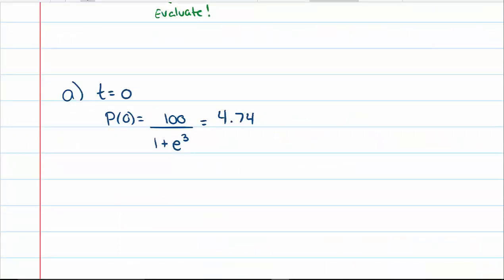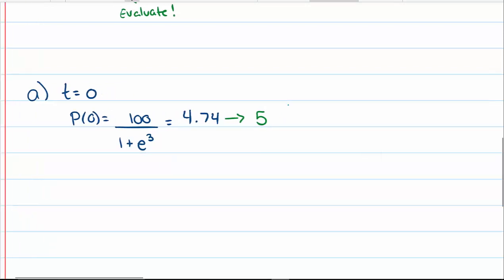Now remember, what does P of T represent? P of T represents people. So can you have 4.74 people? No. So our answer then is going to be 5. And I'm going to put a little explanation next to this.